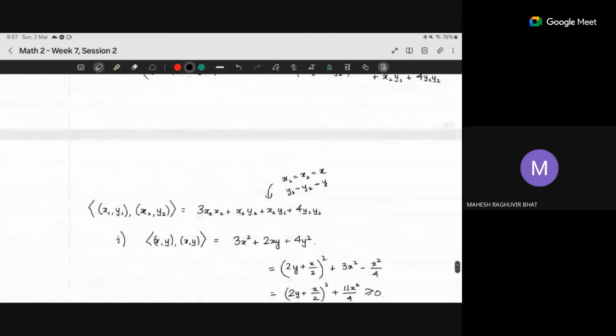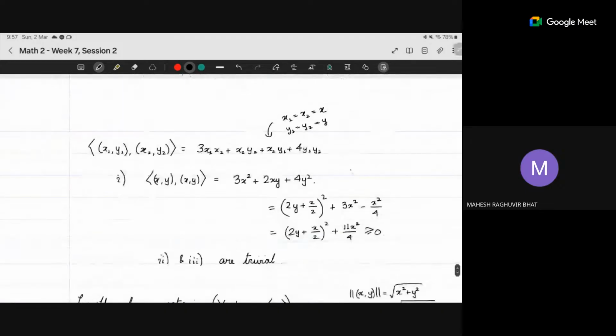Lengths. Let's see lengths. What is the length of 1, 0 in this inner product?